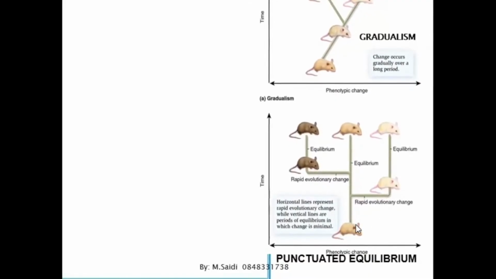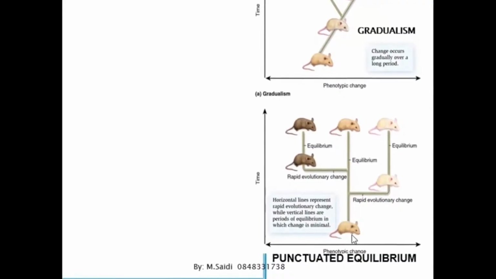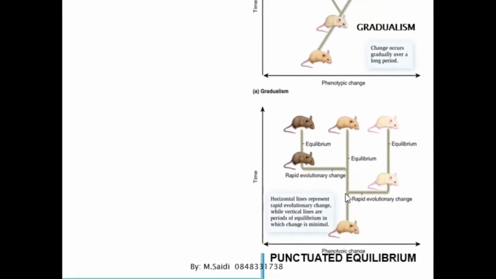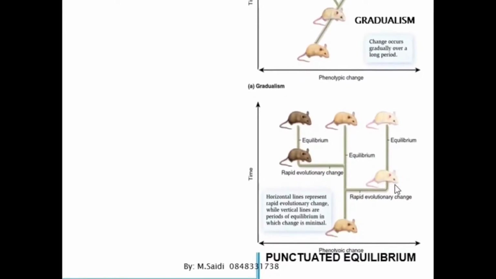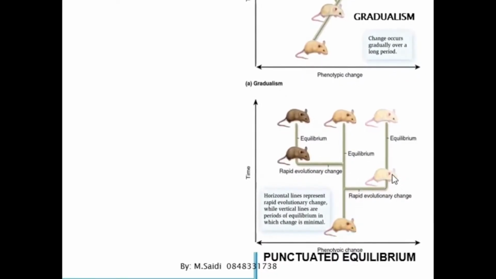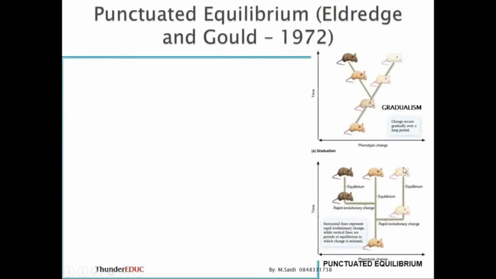So in punctuated equilibrium, maybe a mutation occurred and the organism changes rapidly within a short period of time, and then it remains like that for a long period of time.